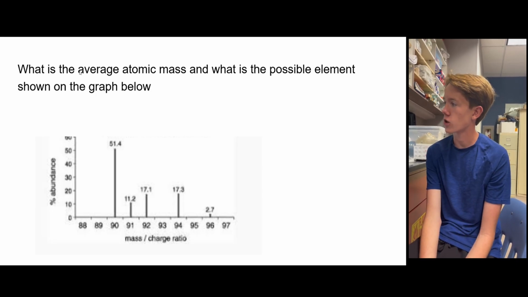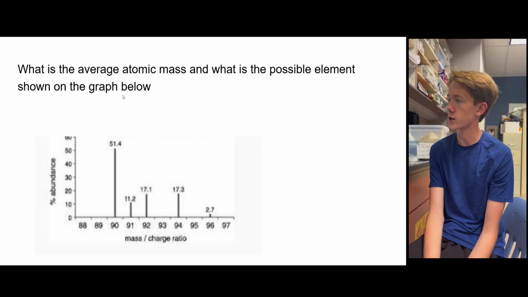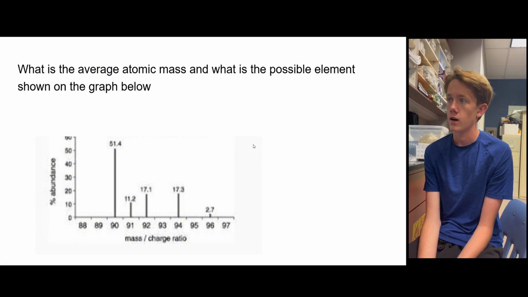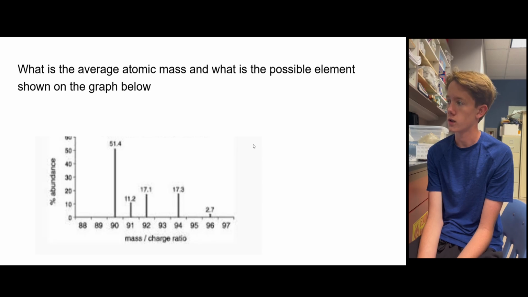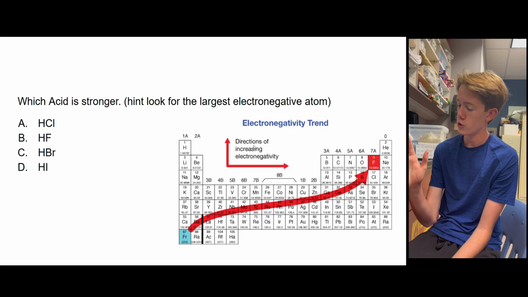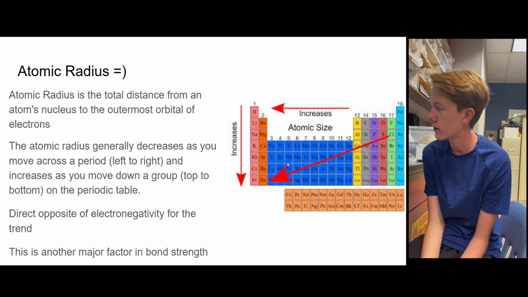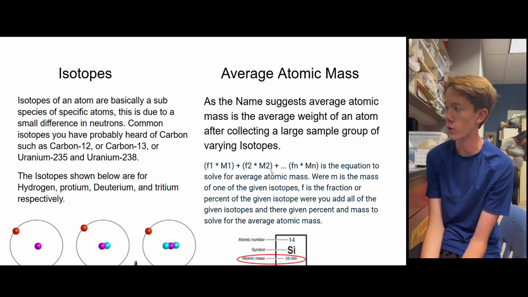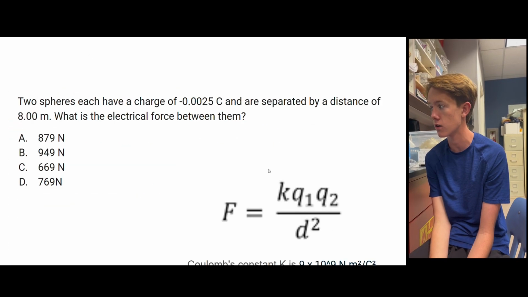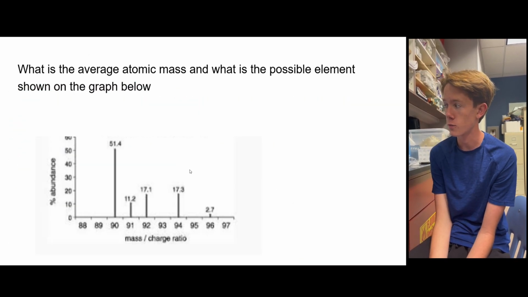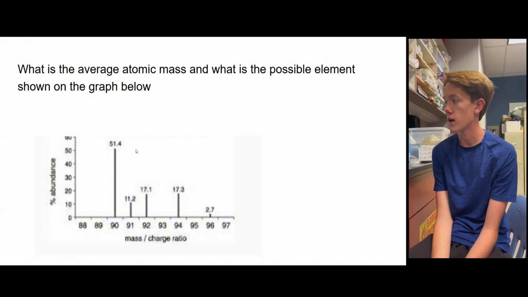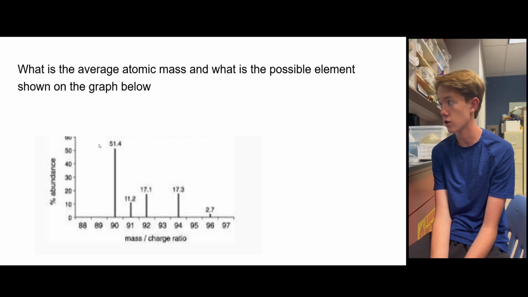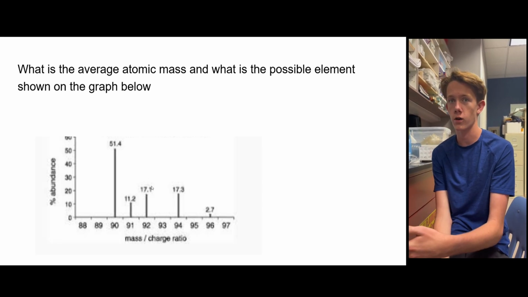What is the average atomic mass, and what is the possible element shown on the graph? This will use the equation where you take the fraction or abundance percentage of one of the isotopes times the mass of the isotope, plus the percent of the second isotope times its mass, and it just goes on for more and more.